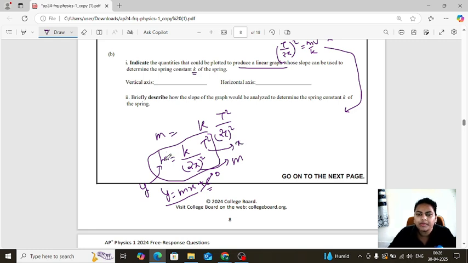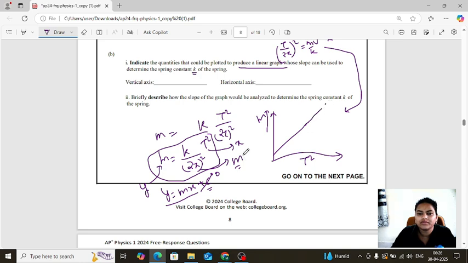If you plot mass on the y-axis and T squared on the x-axis, you would get slope as k upon 2 pi squared. It would be a straight line because k is just one constant value for a given spring; we haven't changed the spring. 2 pi squared is also constant, so we would get a straight line.